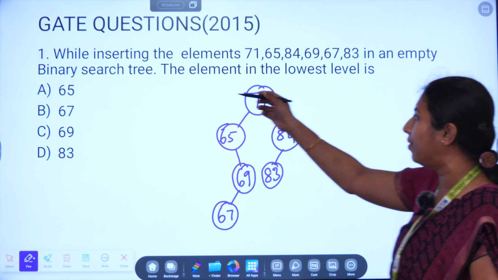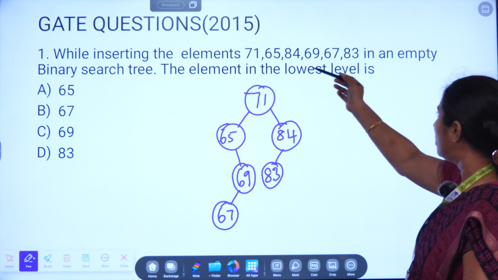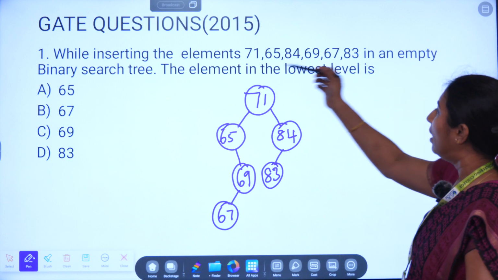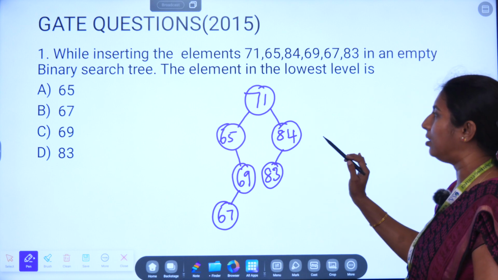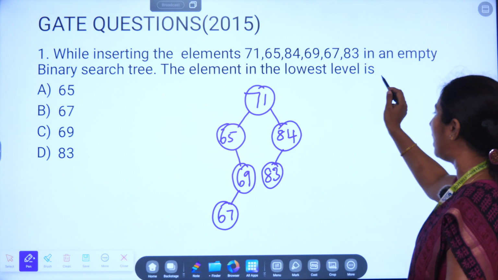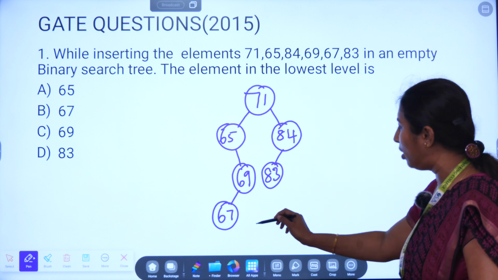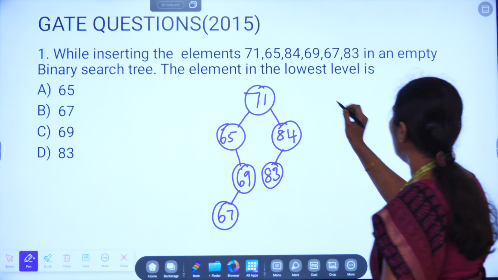So what's the question we have over here? While inserting the elements which are given over here in an empty binary search tree, now we have constructed the binary search tree, and from this we are going to identify the element in the lowest level. First we should know how many levels are over here.